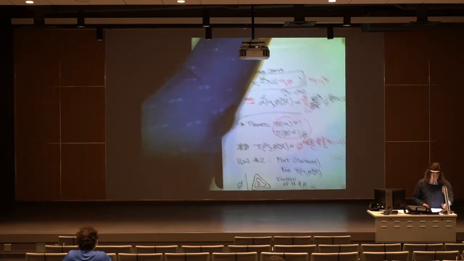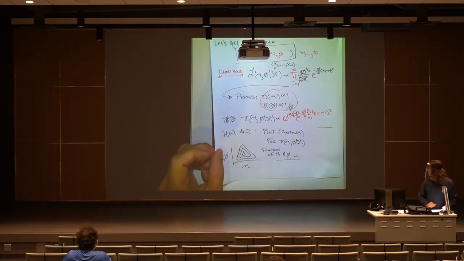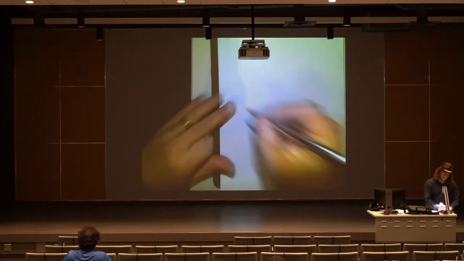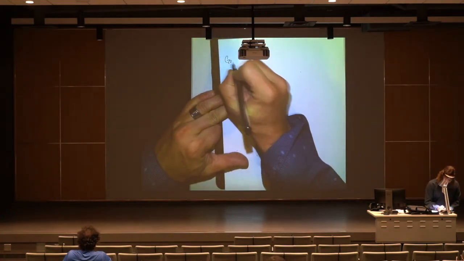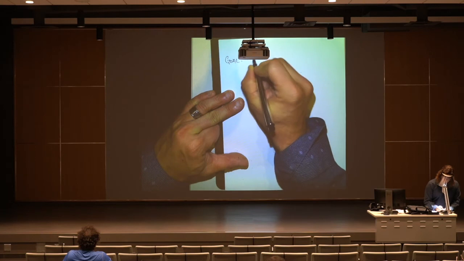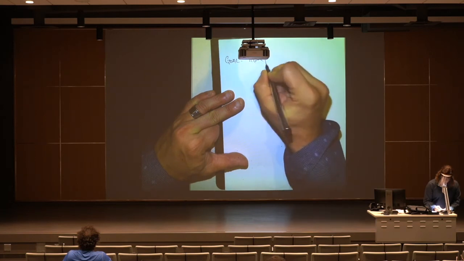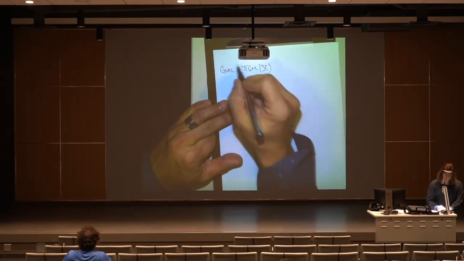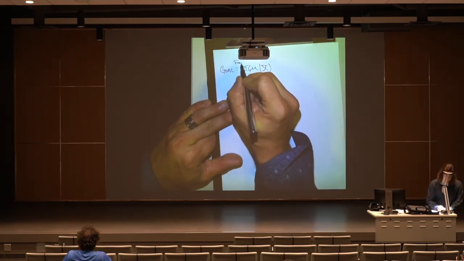So let's think a little bit more about this distribution. Let's go back to our marginal form, and let's look at finding mu given x. So I want to marginalize out everything again.